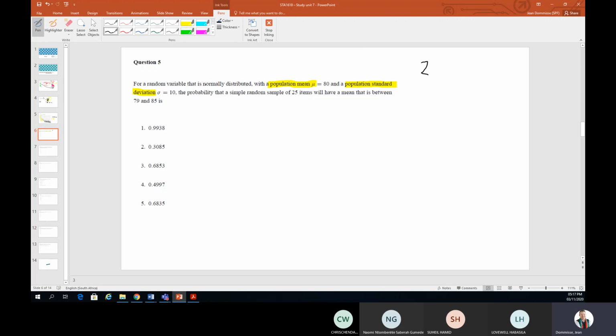Okay, so then with this, they ask us, what is the probability that a simple random sample of 25 items will have a mean that is between 79 and 85? That tells me I'm going to get two answers and I will need to see the probability between them.